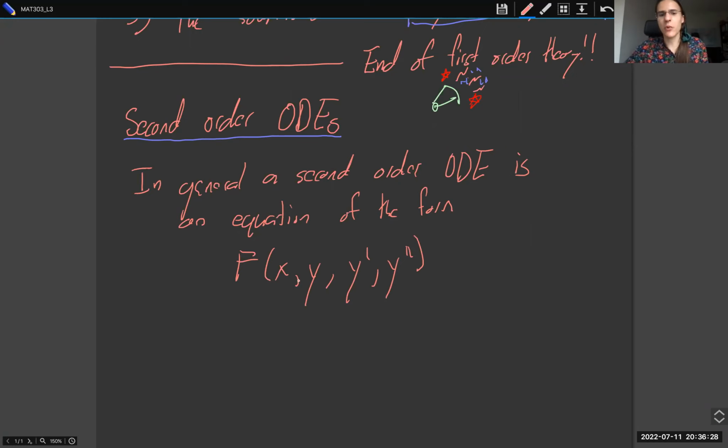If you have some equation involving x, y, and its first two derivatives, then that's called a second order ODE. And it's an ODE and not a PDE because we don't have partial derivatives.